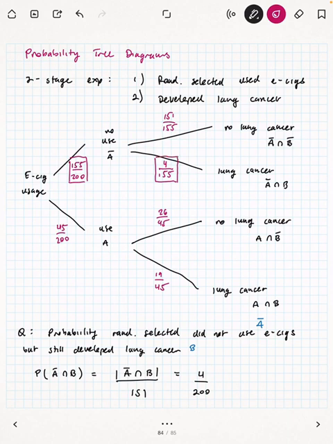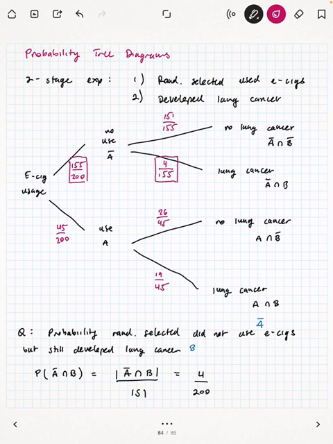By definition, the way we constructed it is we took the number of people in that intersection and divided it by the total number of people in that set that has already occurred. We've assumed that we've selected somebody who did not use e-cigs. So we actually have conditioned on A bar, which means that finding the probability of that intersection is as easy as multiplying all the probabilities along that branch.